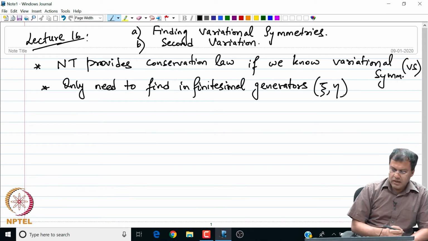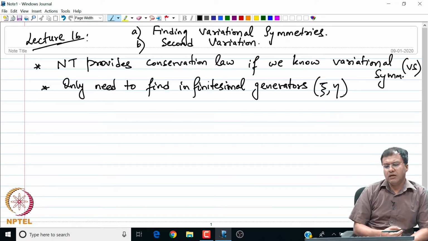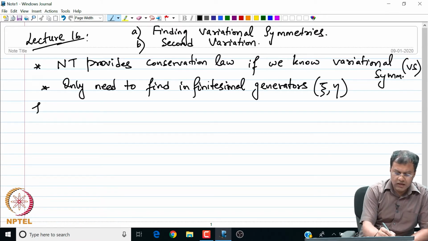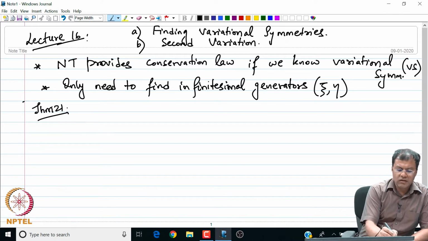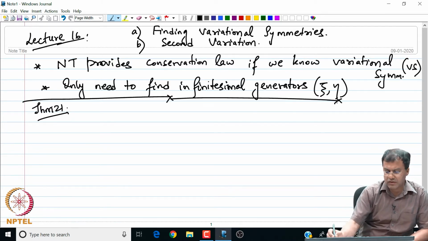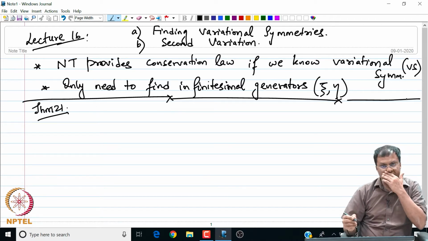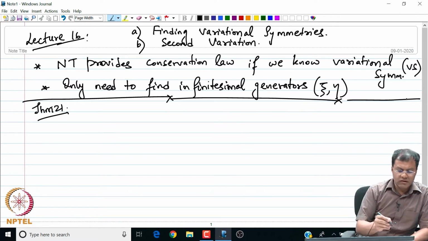Without going much into further discussion, I am going to right away provide the results on how to find these infinitesimal generators, and the result is in the form of a theorem. We will use this theorem in some of our examples which will follow next to look at how to apply this result.